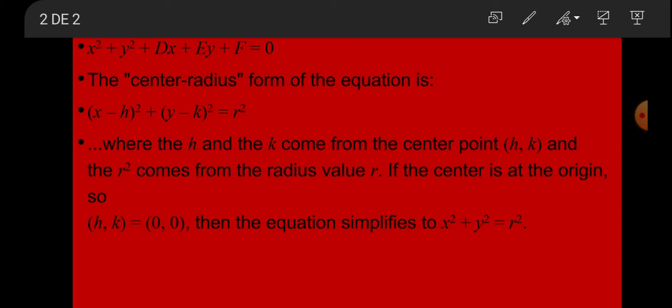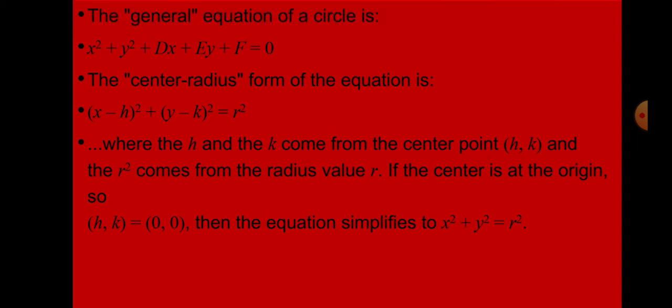The general equation of the circle is x squared plus y squared plus dx plus ey plus f equals 0.